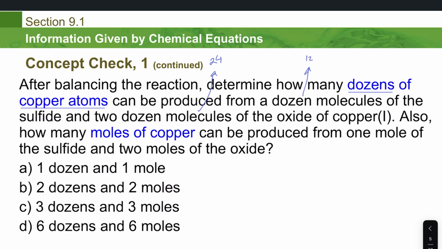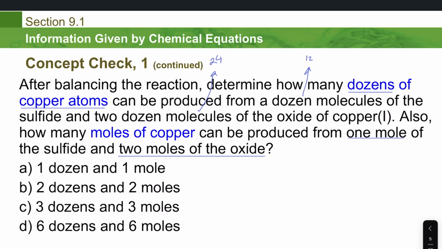We will keep that in mind and answer the first part of this question. So how many moles of copper can be produced from 1 mole of the sulfide and 2 moles of the oxide? This next part of the question is basically the same, because it's saying 1 mole of sulfide and 2 moles of the oxide.